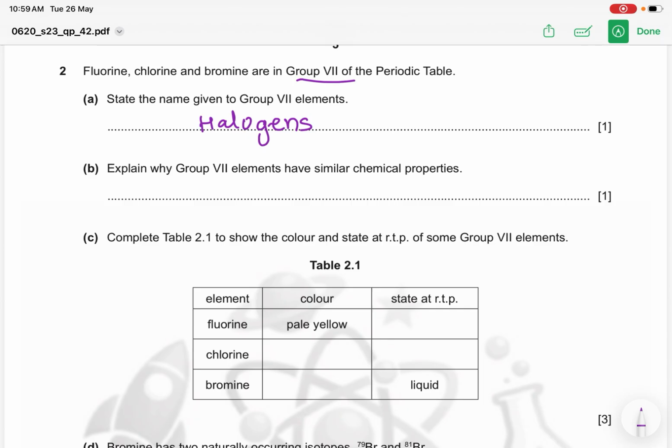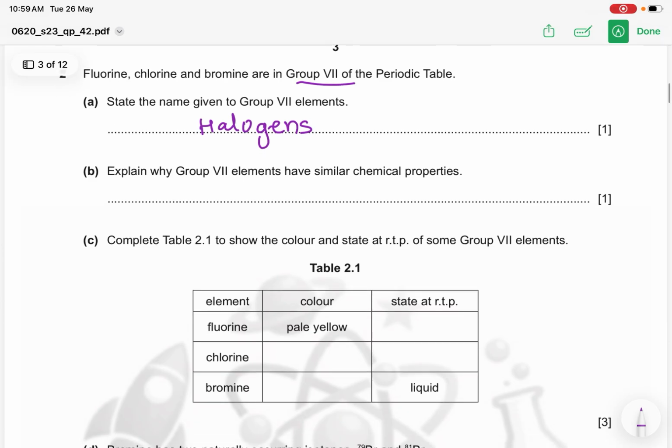So the group number tells us about the number of electrons present in the outer shell. As all these elements are in the same group, they have the same number of electrons in their outer shell, and hence they share similar chemical properties. So they have same number of outer shell electrons.